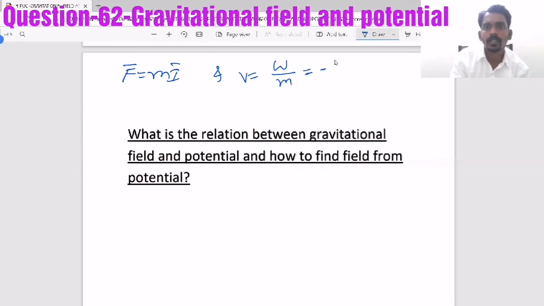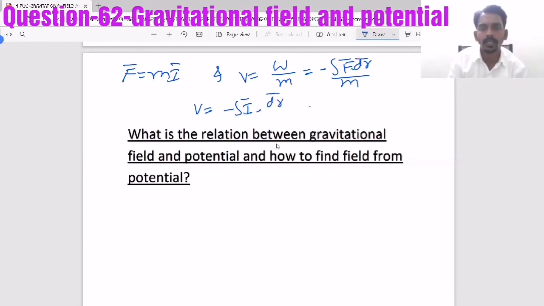Now work done means integration of F dr per unit mass. Force by mass is nothing but gravitational field. So the integration is like F bar dot dr bar, that is I bar dot dr bar. From this, we can write that I equals minus dV by dr. So that is the relation between field and potential.